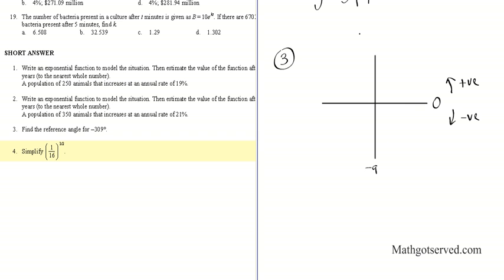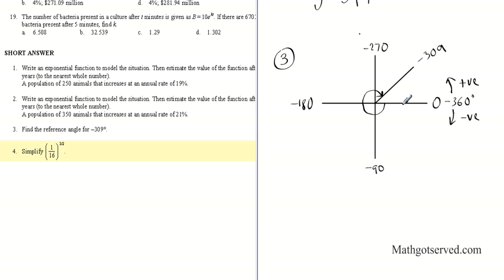So negative 90, too small, keep going, negative 180, too small, keep going, negative 270, too small, keep going, negative 360. We went too far. So the terminal side for negative 309 is going to be somewhere in the first quadrant. This angle, negative 309, is the angle swept by rotating from here clockwise to there.